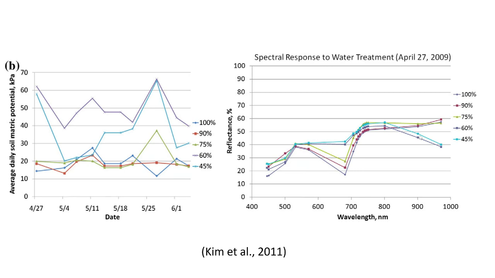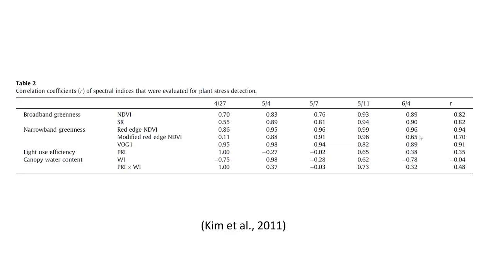So that speaks pretty well for NDVI, which in a correlation analysis, the authors found that for regular NDVI, that correlated pretty well with the data. So that's R value of 0.82.